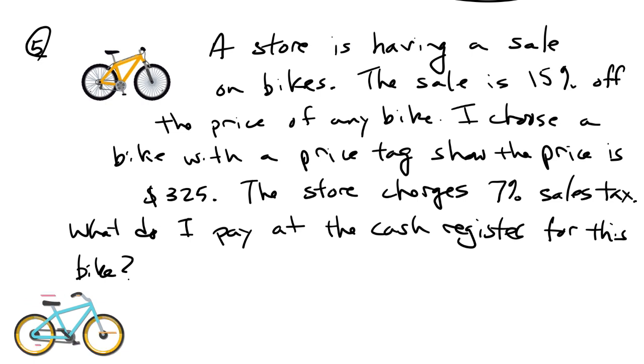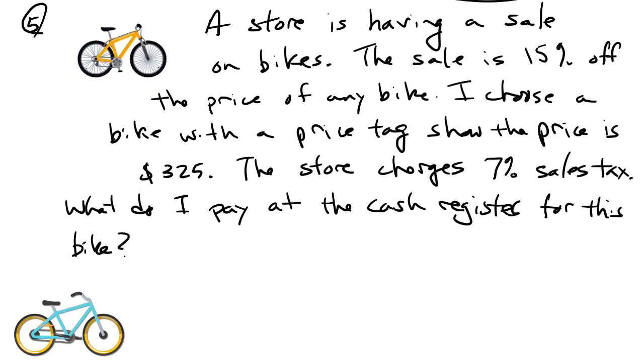Store's having a sale on bikes. Sale is 15% off. I choose a bike that has a price tag on it that says $325. The store charges 7% sales tax. I want to know, what am I going to pay for this bike when I walk up to the cash register and they ring it up?